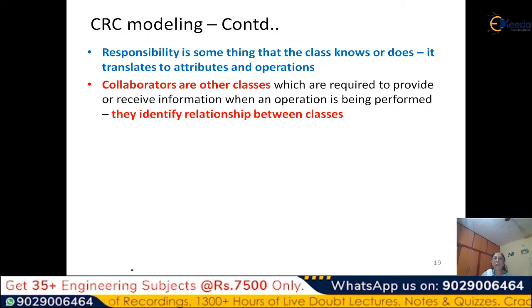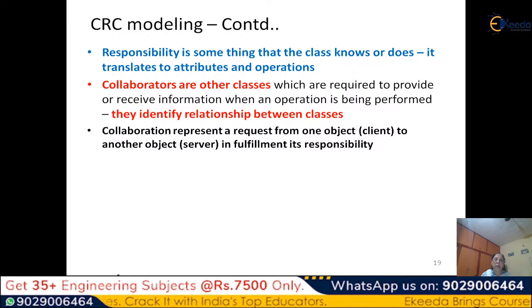So what we have to do: responsibility is something that the class knows or does, and collaboration is something that the class needs to do, but it doesn't have the information. It has to go to some other class and get it. So collaboration represents a request from one object to another object to fulfill it.